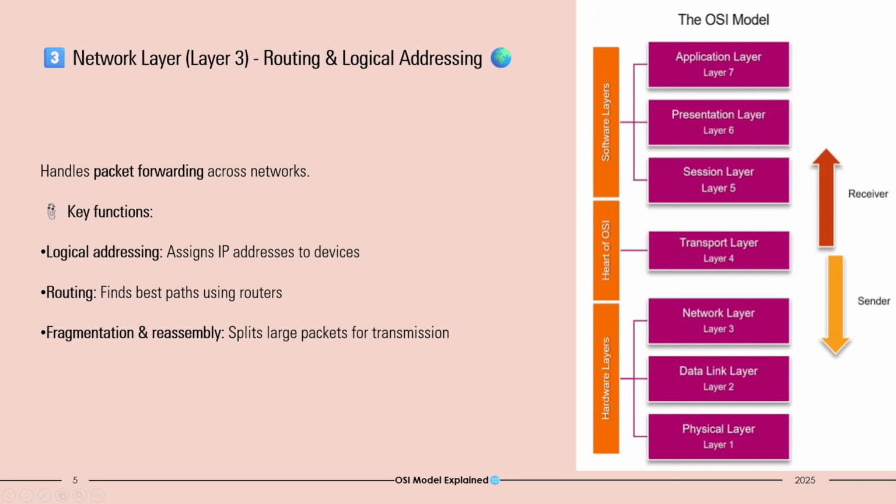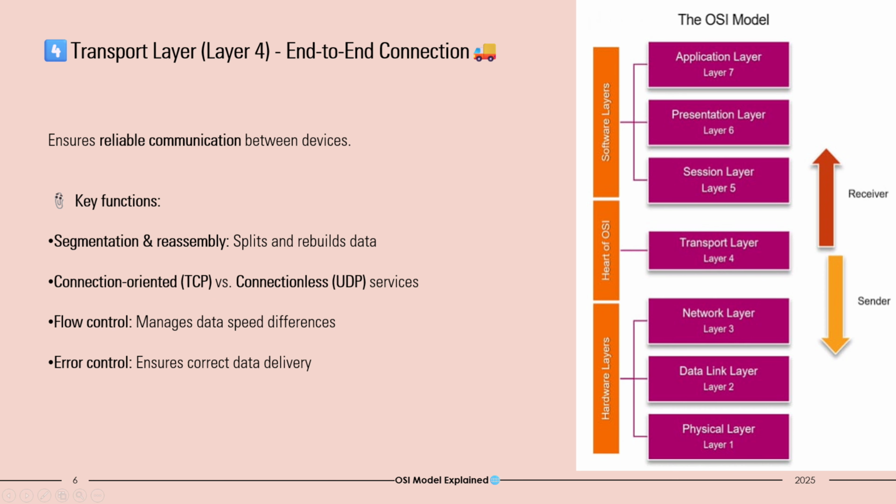Routing, determining the best path for data packets to travel from source to destination. Routers operate at this layer. Fragmentation and reassembly, breaking down large packets into smaller fragments for transmission across networks with size limitations and then reassembling them at the destination.